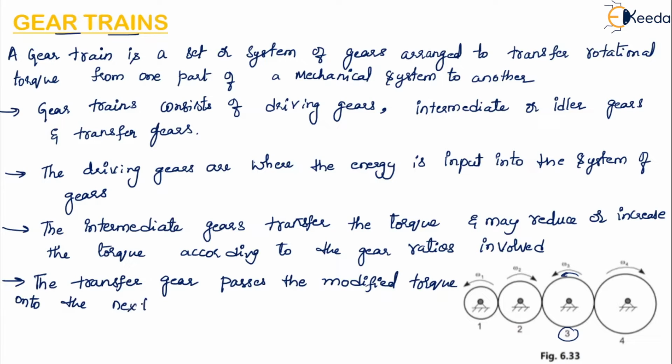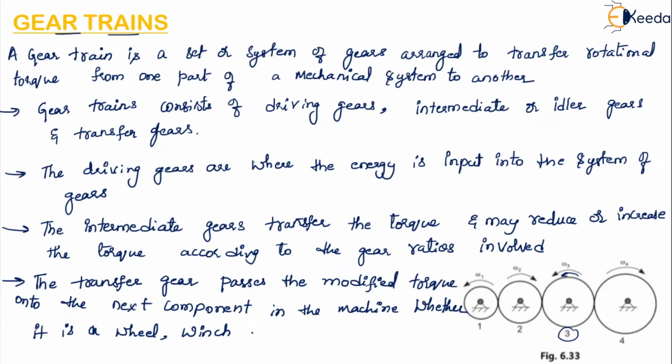So what is the next component? The next component in the machine may be a wheel, a winch, a counter, or any other thing that needs power.